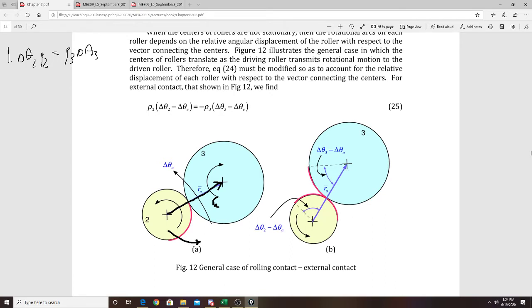So basically what this equation keeps track of is that original delta theta 3, right? And delta theta 2, which is the change in angle here. But it also subtracts off the change in the vector A because their centers are moving with respect to each other.